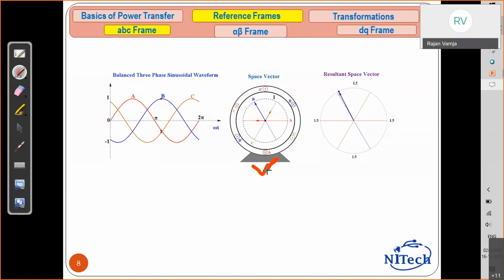When three windings are shifted electrically by 120 degrees in space, like A winding, B winding, C winding, and the current passing through them is also shifted by 120 degrees electrical, it generates a space vector, or rotating magnetic field, in space.